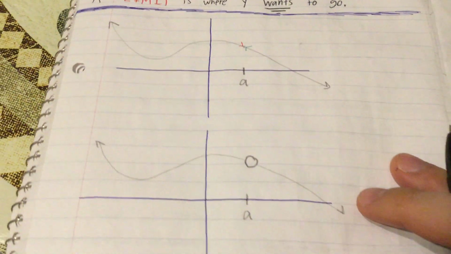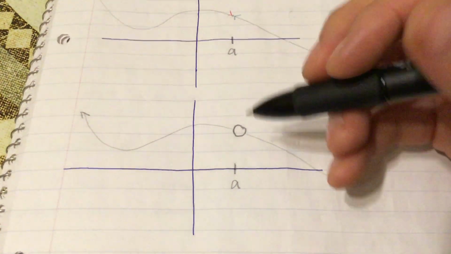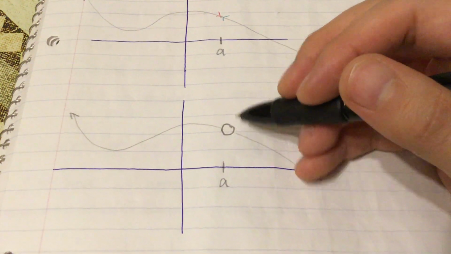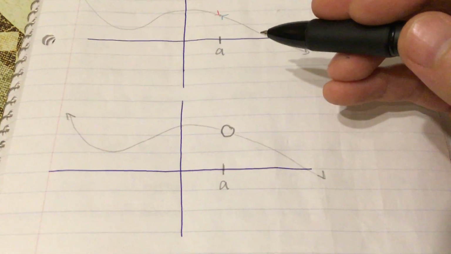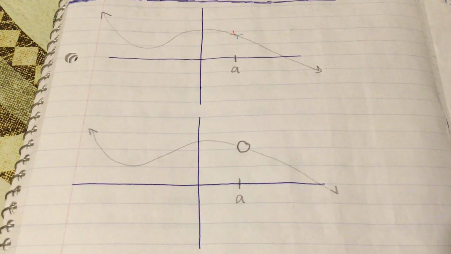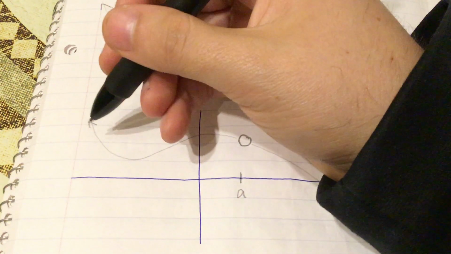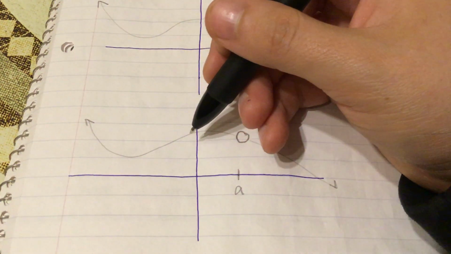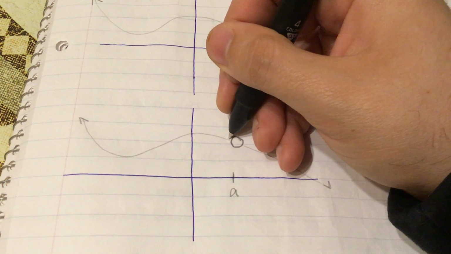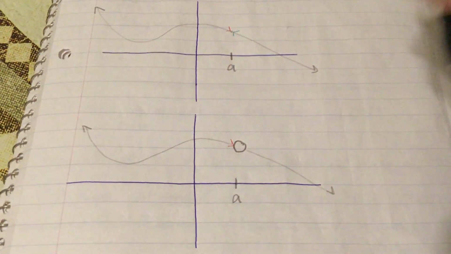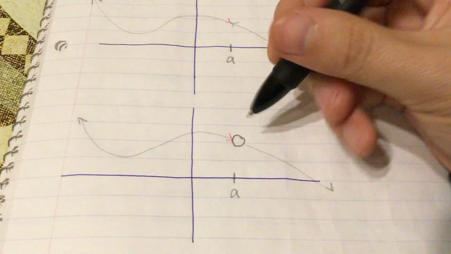And I tried to draw an identical curve, but you notice that there's a hole in this particular graph, enlarged for detail. Once again, I want to figure out the limit as x approaches a from the left side. There we go. And as x approaches a from the right side.